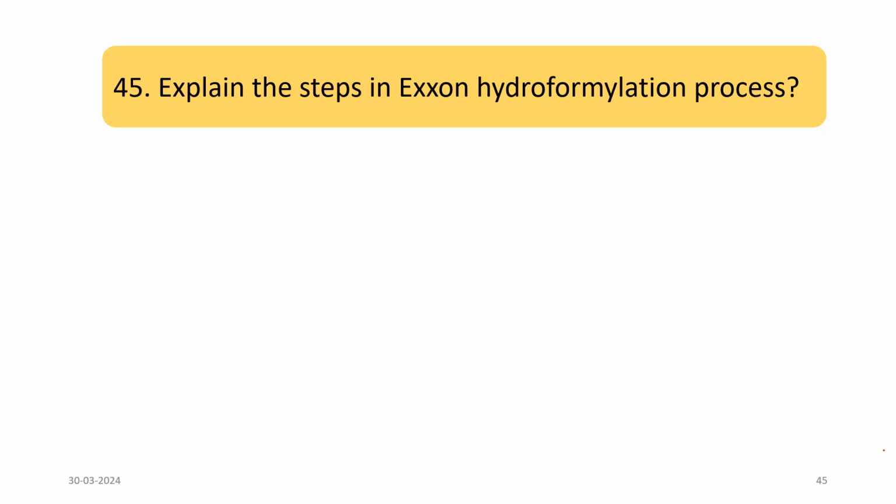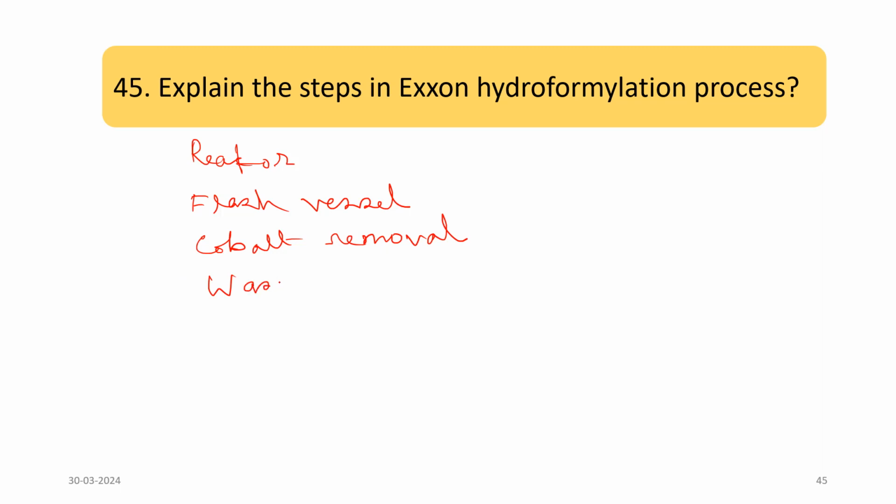So here first is reactor, then flash vessel, then cobalt removal, then wash column, then catalyst regeneration, then catalyst absorber.